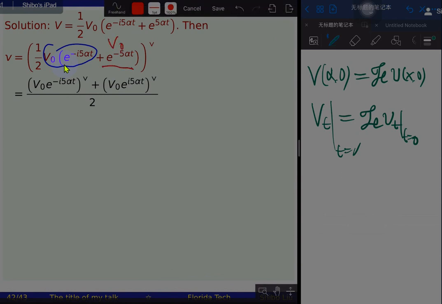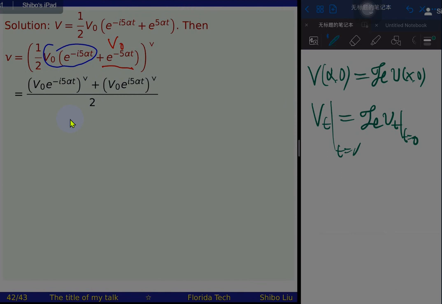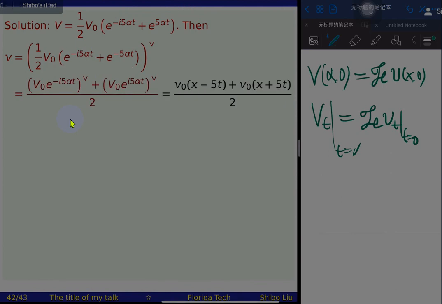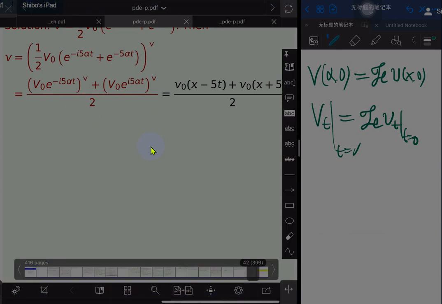Then because we have a half multiplying here, the result is given by half of the sum of these two inverse transforms. Now these two inverse transforms are computable by the property of the Fourier transform. Maybe I need to find this for you.